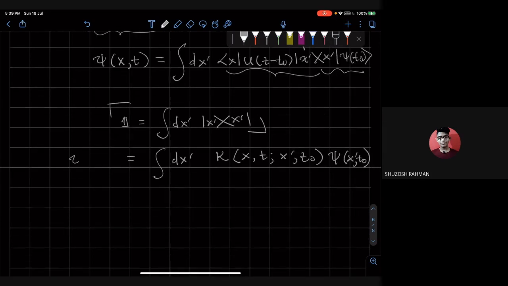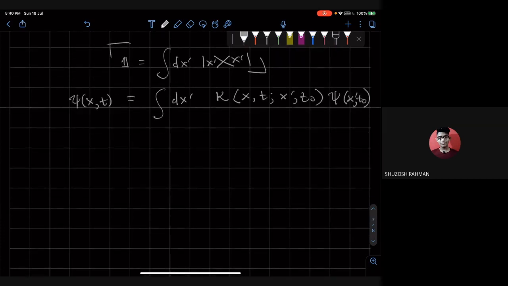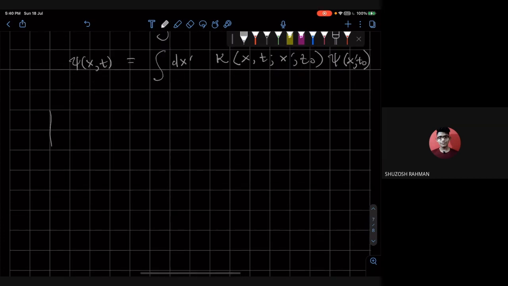So what we are saying is that the wave function at the point x at time t, so let's draw the time axis in this direction, and space goes in this direction, okay? There is some point in space-time. This is x and t.